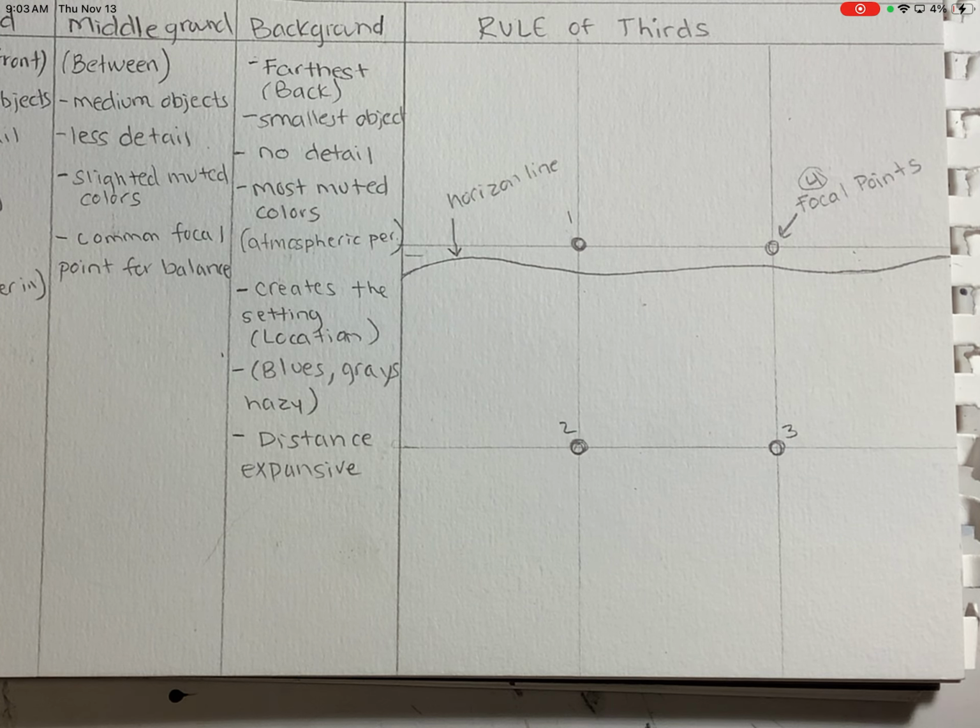What else could I put here? Something that's really far away. We could put a little tree. Should it have a lot of detail? No, we shouldn't see any leaves. We shouldn't see any bark. It should just kind of look like a gray blob, the shape of a tree.